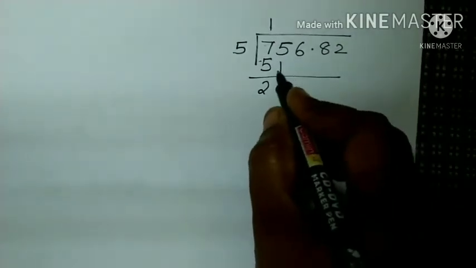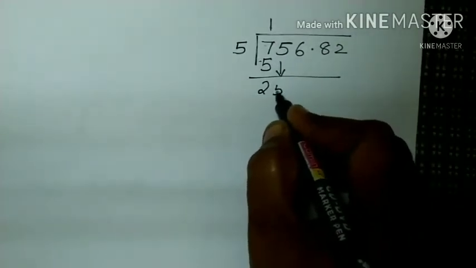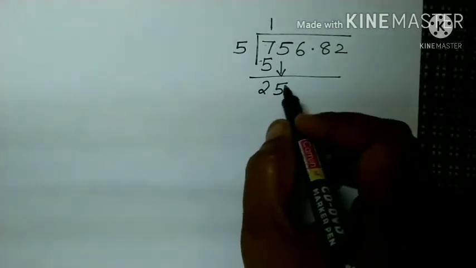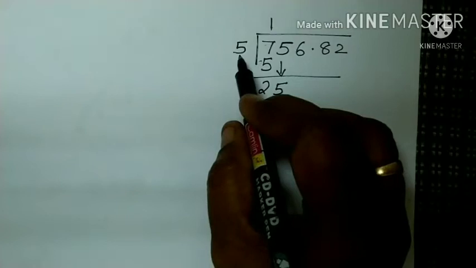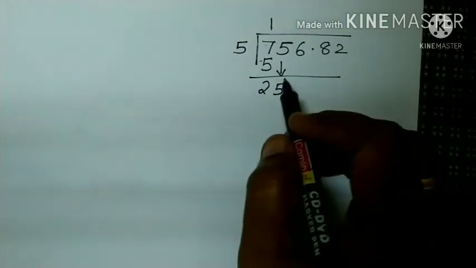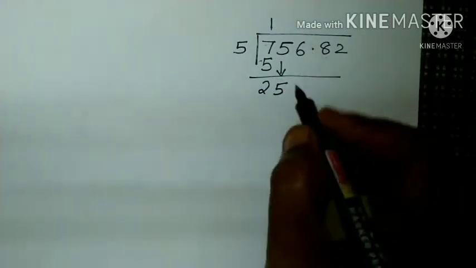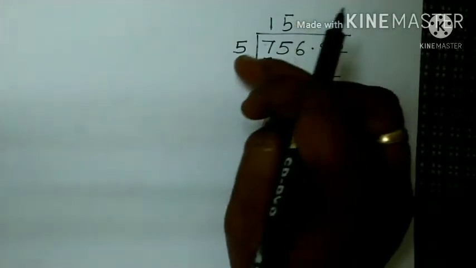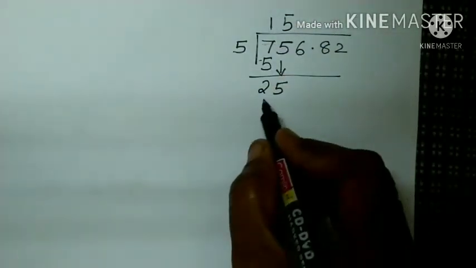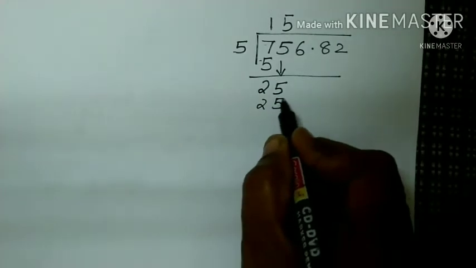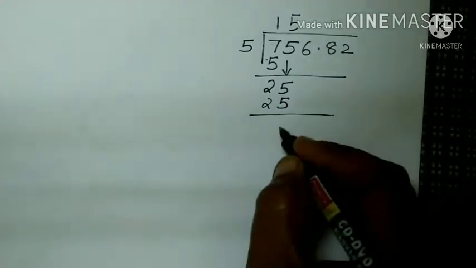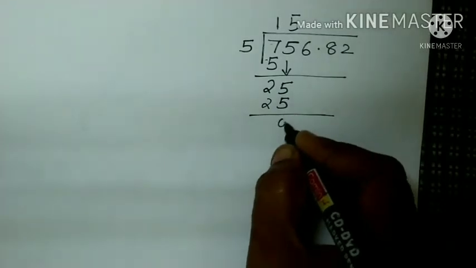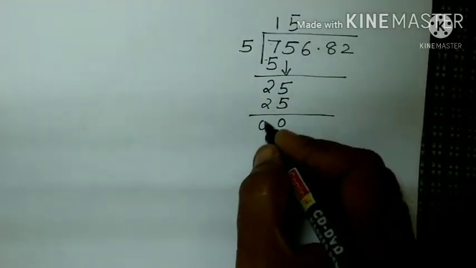Then move to the next place. So the total is 25. In 25, how many 5 is there? So what is the answer? Yes, 5 times. So 5 5s are 25. Then what is the next step? Yes, subtraction. 5 minus 5, 0. 2 minus 2, 0.